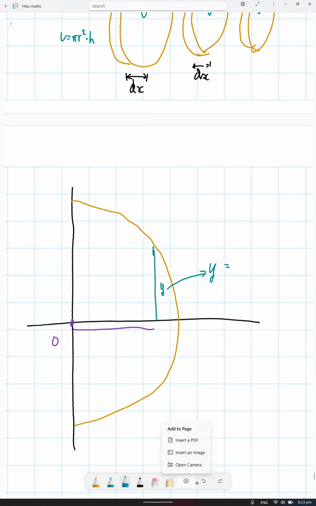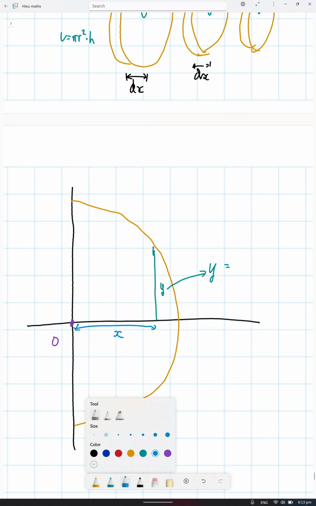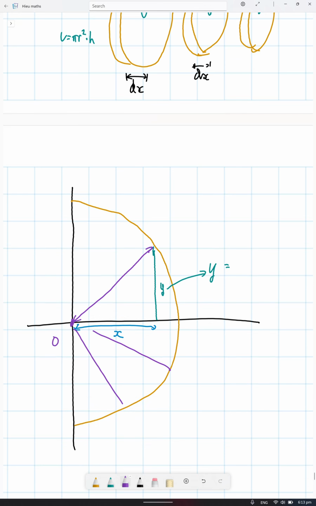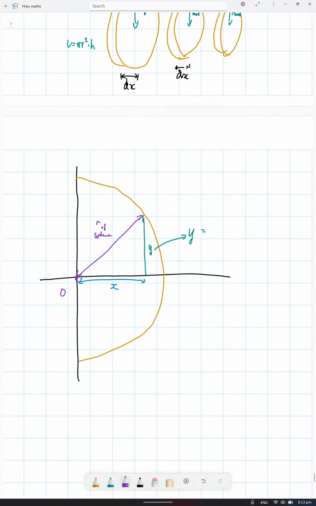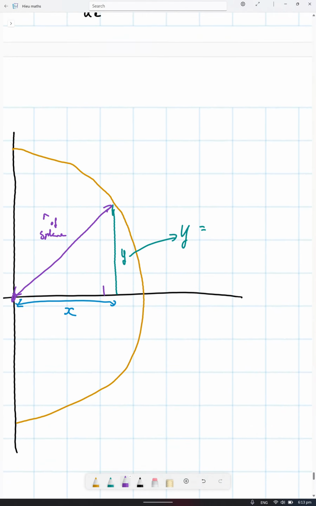So I'm going to use blue for this. This length right here is x. Okay, and what is this length here? Well, any length here is just the radius of the sphere. So now we have a triangle. It's a right angle triangle.